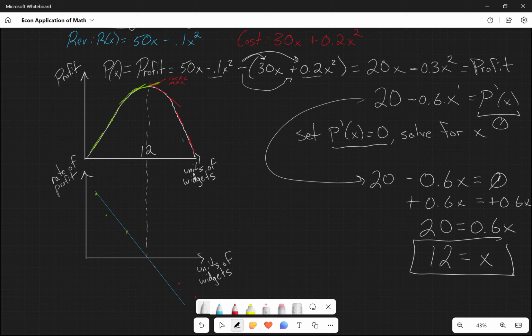So 12 is going to be the amount that gives us, yes? 20 divided by 0.6 must be bigger than 20. 33.333. Thank you. I did the calculator without looking, and it ruined me.